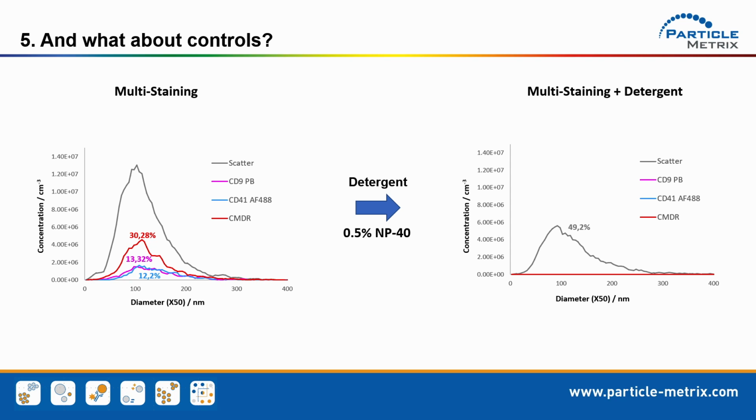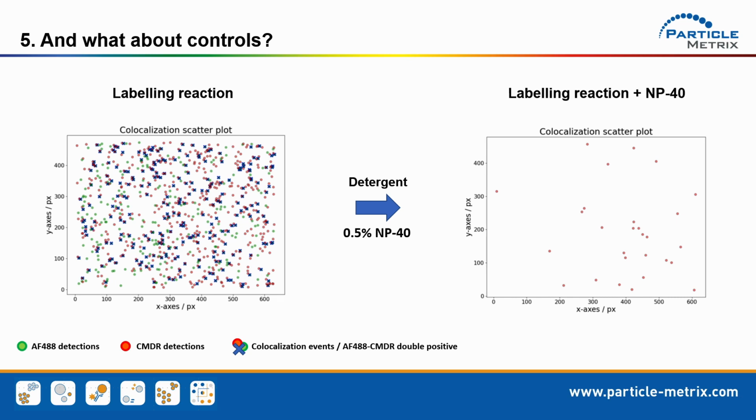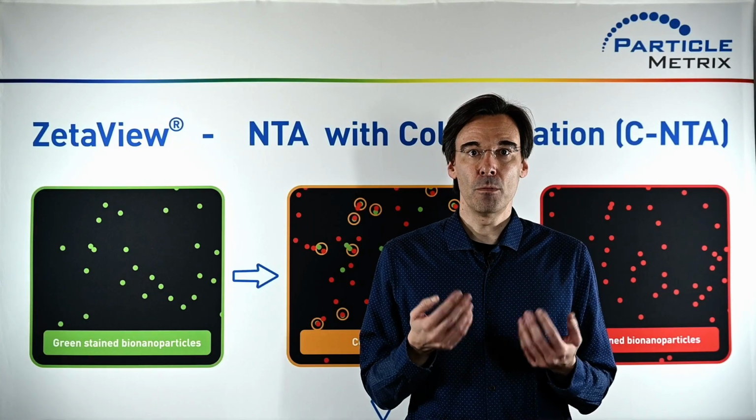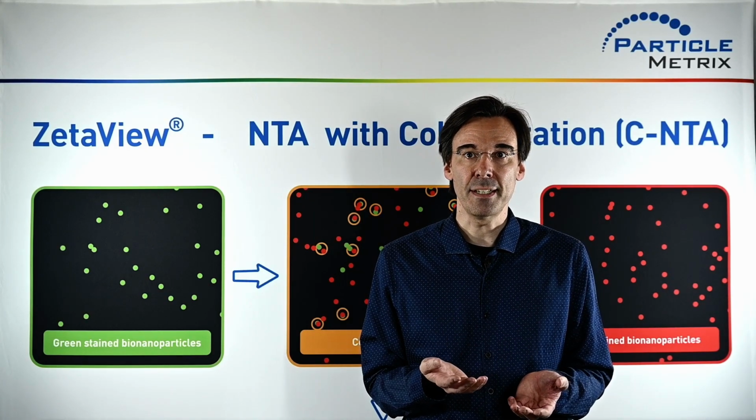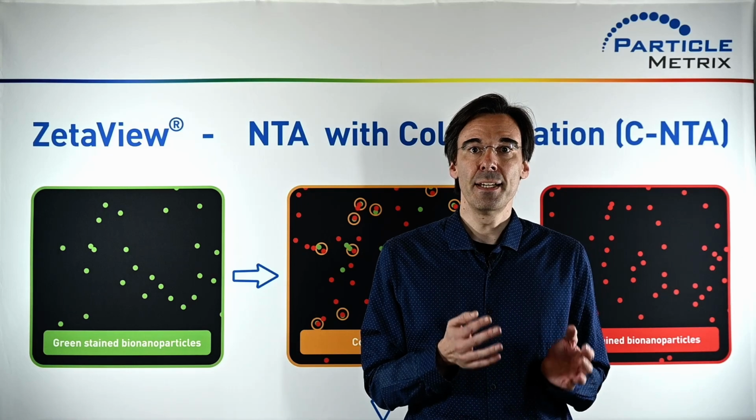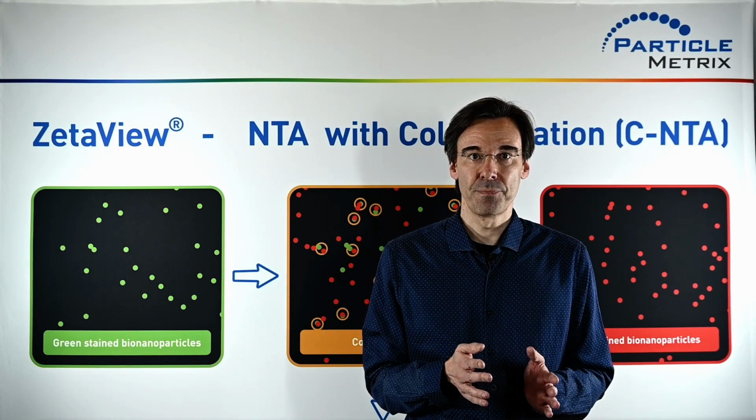In our example, the non-ionic detergent NP40 disrupts the vesicle membrane. No membrane, no surface molecules in close proximity, no colocalization. And that's exactly what we can show with colocalization NTA. So this test shows that we are dealing with EVs.